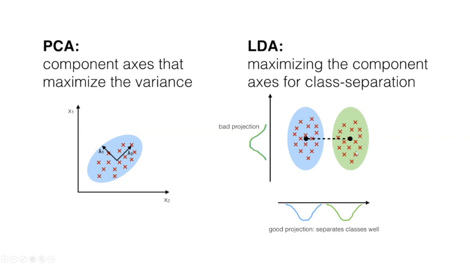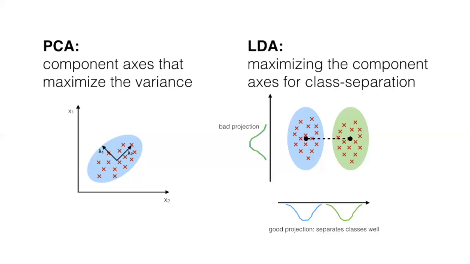So unlike PCA, which tries to maintain data information as much as possible, linear discriminant analysis has the purpose of making the data points more distinguishable after dimension reduction. So we don't want to find the principal components that have the most variance. We want to find how to separate the data.